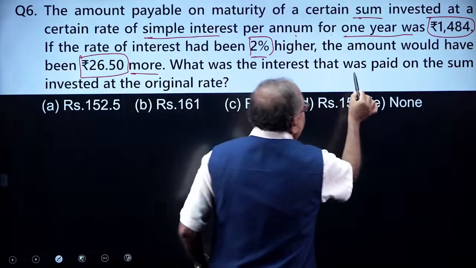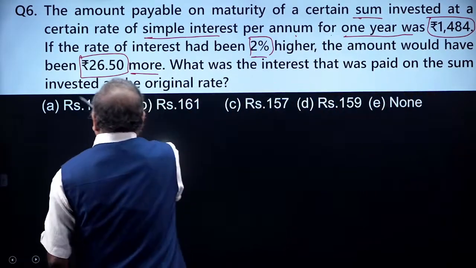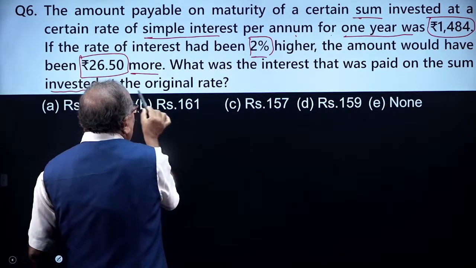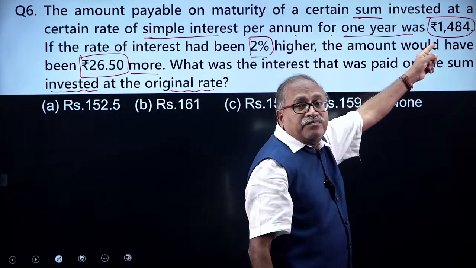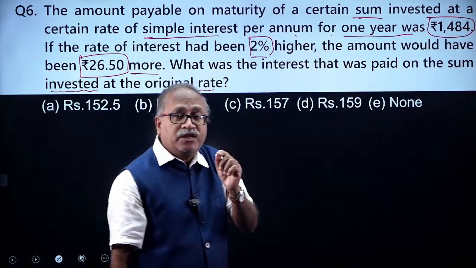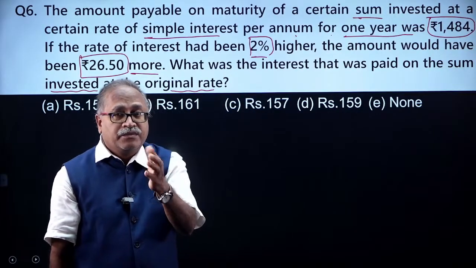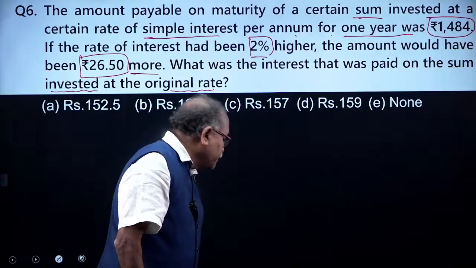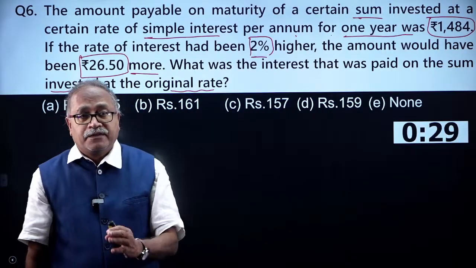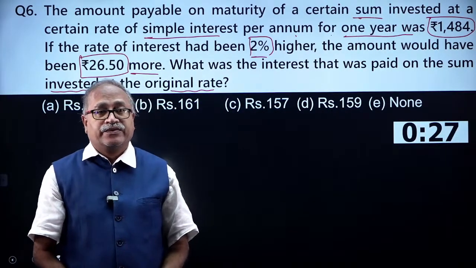What is the interest that was paid on the sum invested at the original rate? I already know the amount. If I can find out the principal, that is 100%, I can get the interest, and you have the options over here. Your 30 seconds starts now.